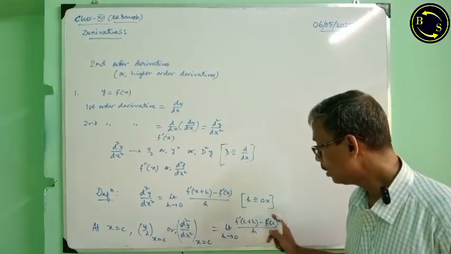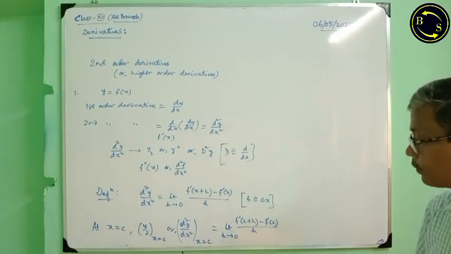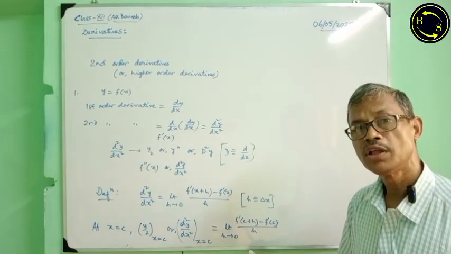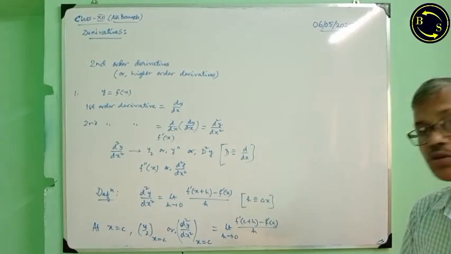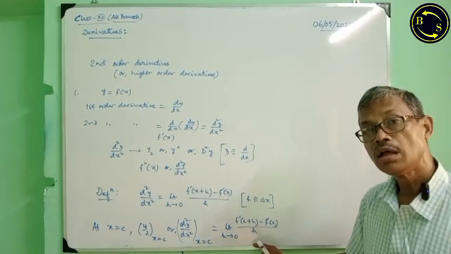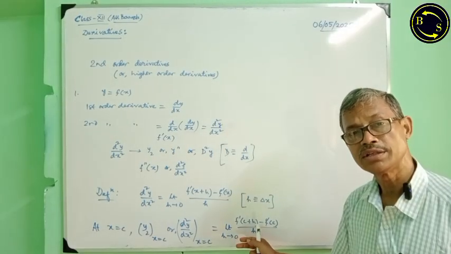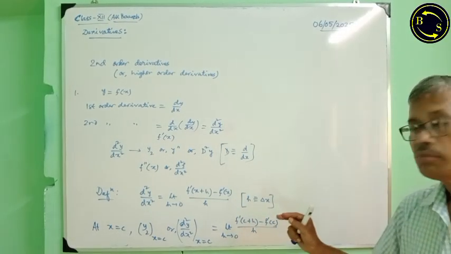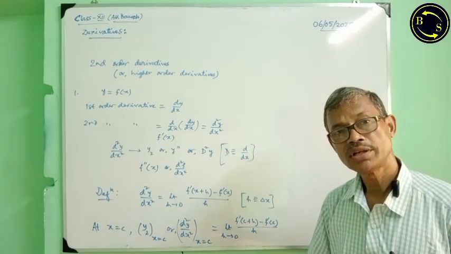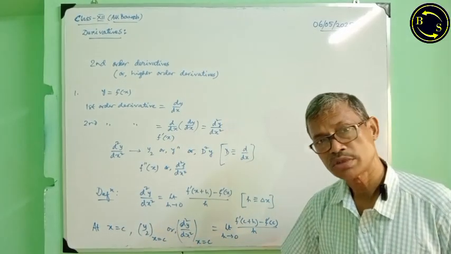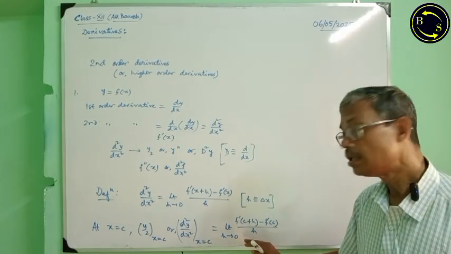Now, as this is a limit, therefore existence of the second order derivative of a given function depends on the two limits, left hand limit as well as right hand limit. If those limits be finite and equal, then we say the second order derivative at this certain point x equal to c will exist.